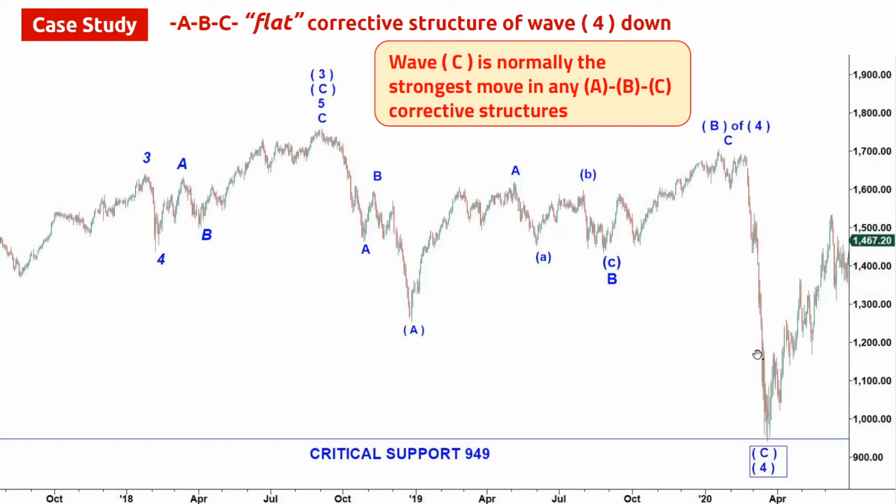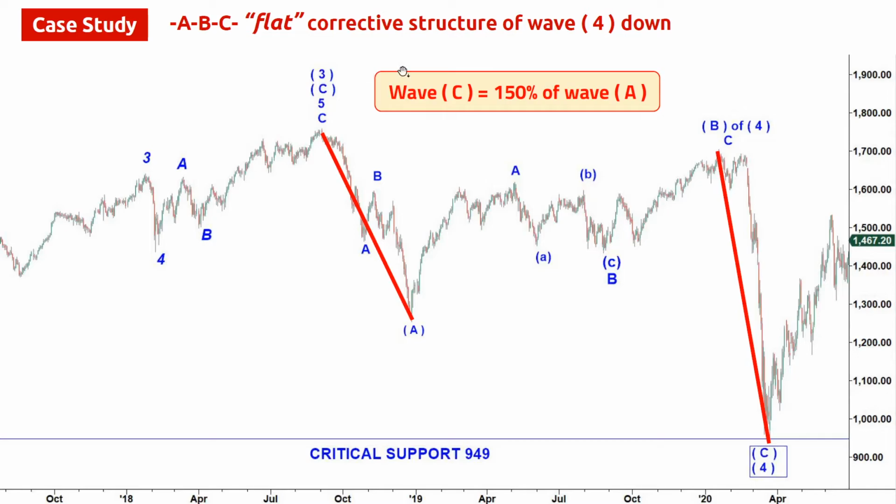So the steepness of decline of that drop is stronger than the steepness of decline in the first leg down. And basically, when you measure the first leg down and compare it with the second leg down, you will see that the second leg down was 150% of the size of wave A.